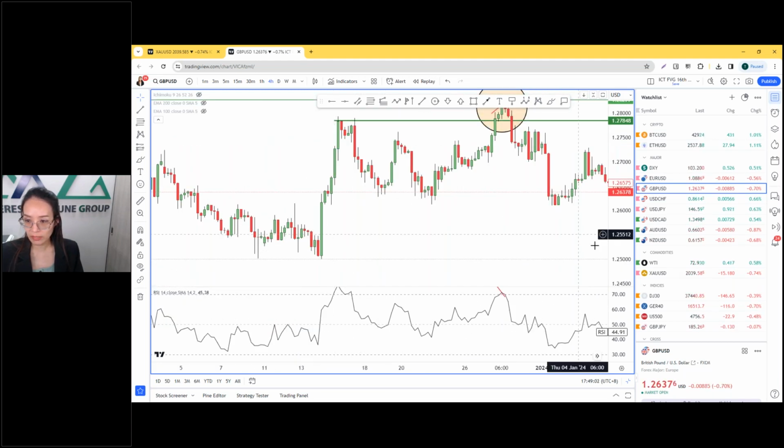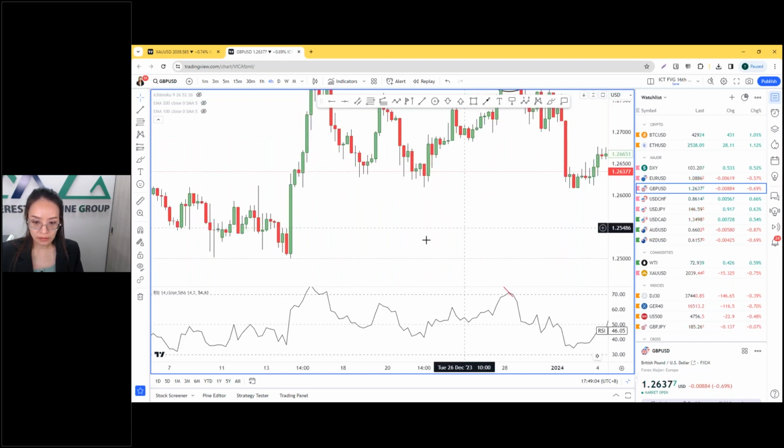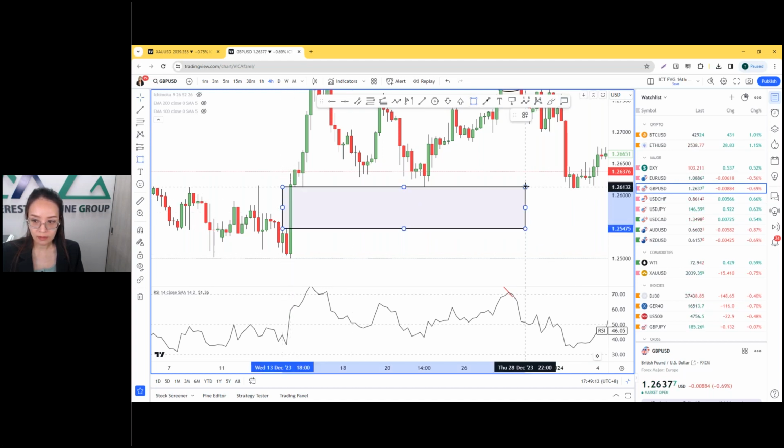So basically, this is the first candle, second candle, and third candle here. The fair value gap is between this wick and this wick. This is your fair value gap. The first candle, the second candle will be a really big candle, and the third candle is a small one, and you can see that this wick does not touch this wick.